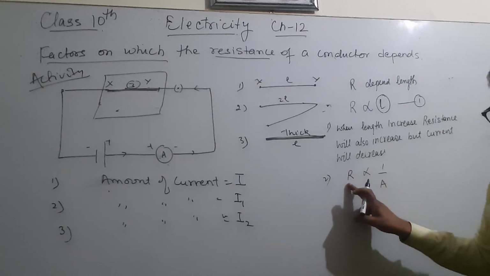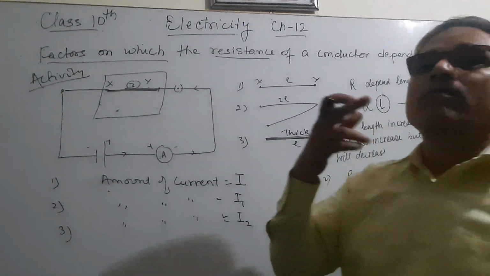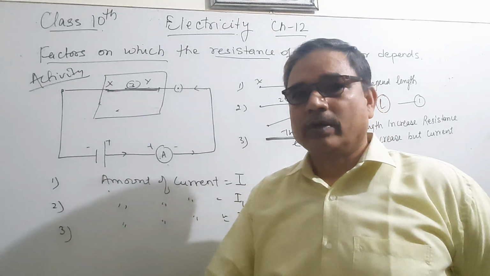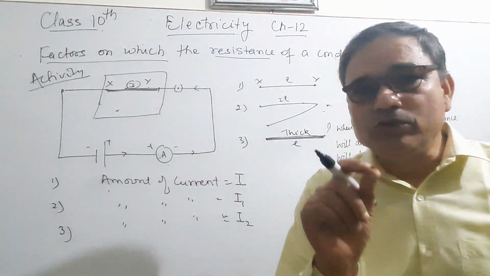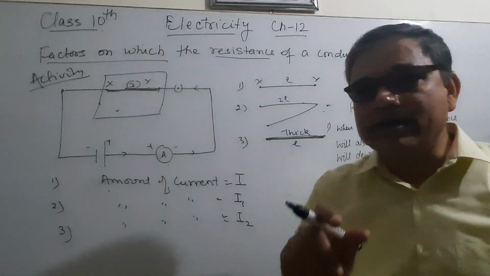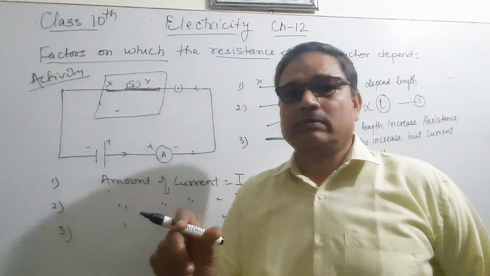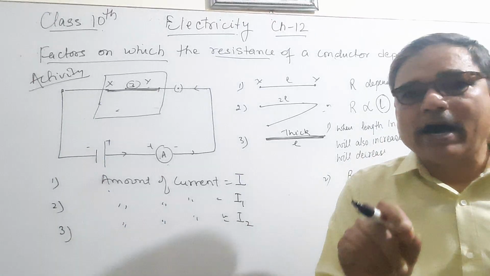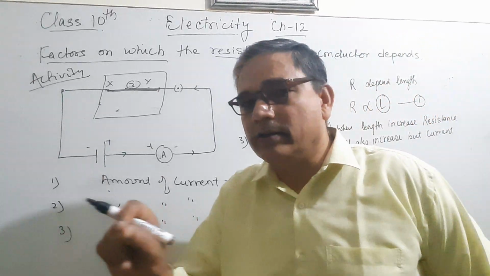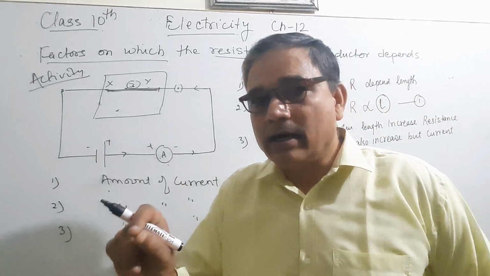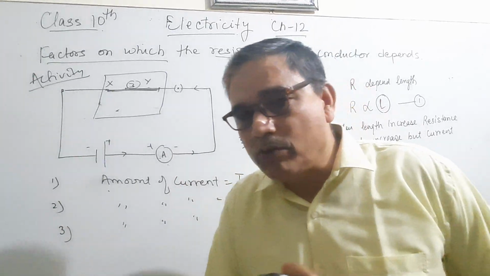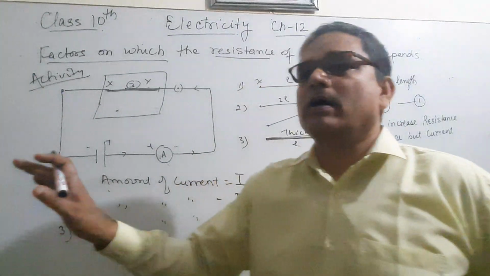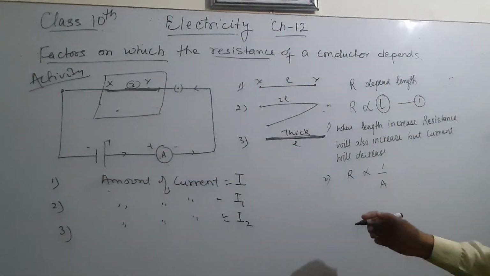If the resistance is less, then current will be more. It means we should always use a thick wire. Why? Because in a thick wire, resistance is less, and less resistance allows more electric current to pass. More current will be produced.